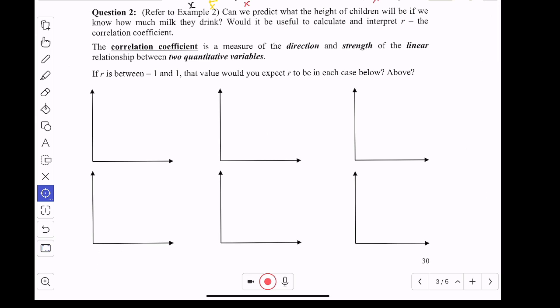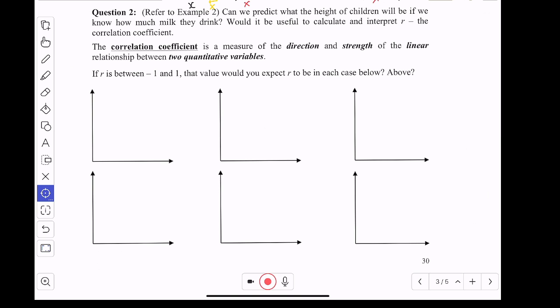The R is the correlation coefficient. It's a measure, so just like in univariate, when we looked at one variable, the 5-number summary replaces the graph. It stands in for the graph, but it's all statistical commentary.